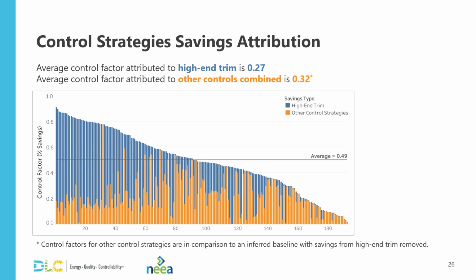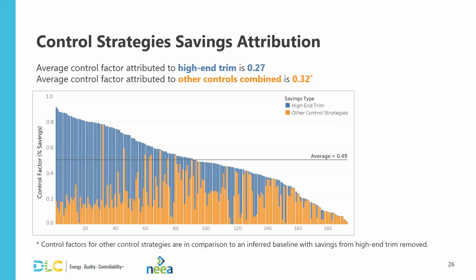As explained in the previous slide, we tried to attribute savings from HighEnd Trim and other control strategies separately. And this chart shows the composition of the two sources of savings for each building. The blue portion of each bar represents savings from HighEnd Trim for the building. And the orange portion of the bar represents savings from other control strategies.